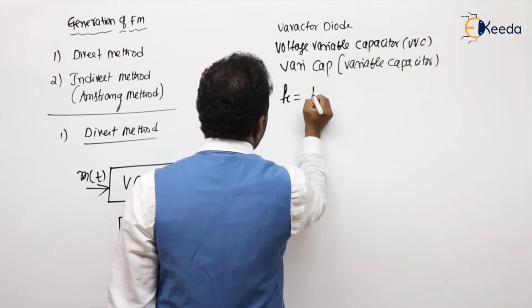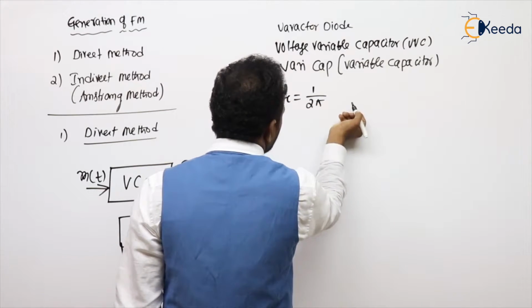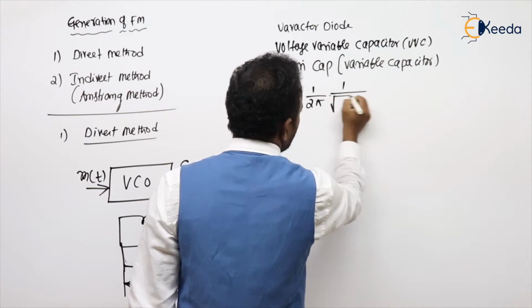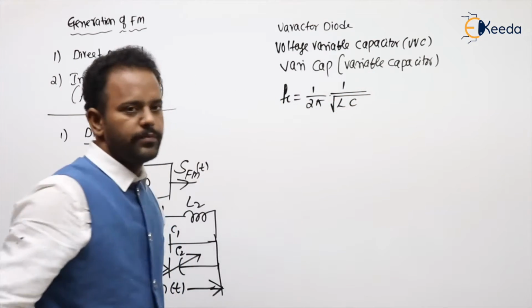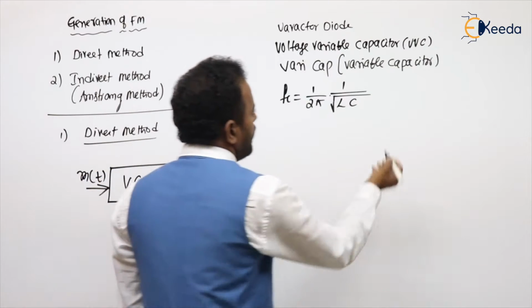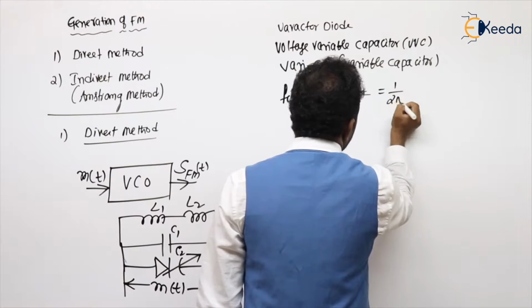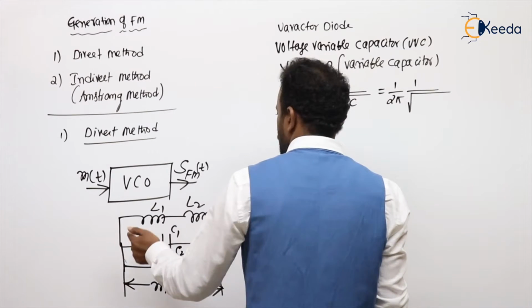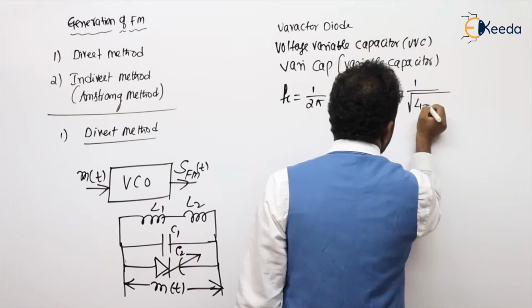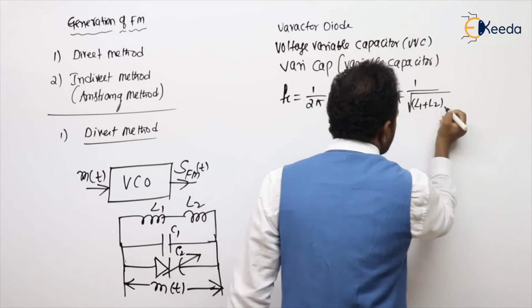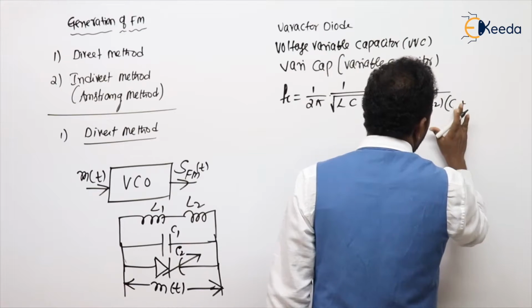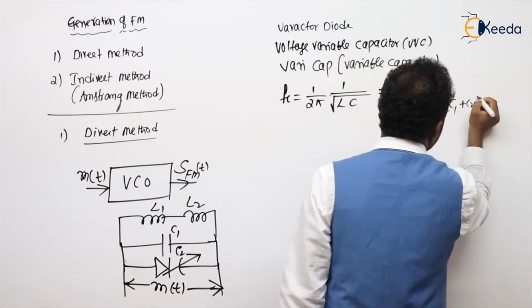The resonant frequency is 1 divided by 2 pi root LC. Here L means two inductors in series, so L1 plus L2, and C means two capacitors in parallel, so C1 plus C2.